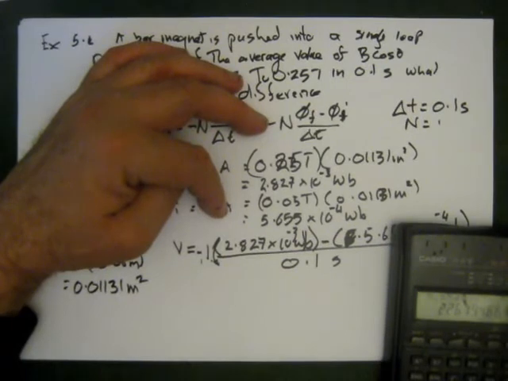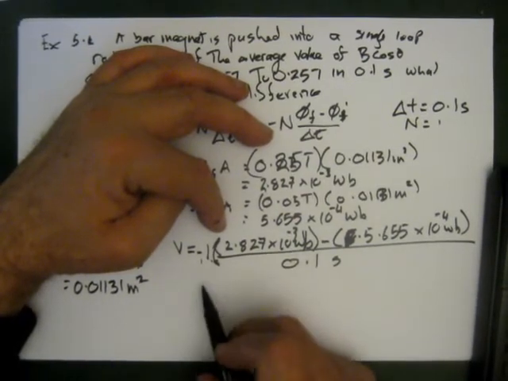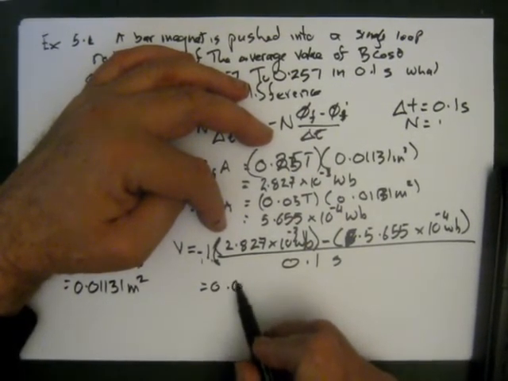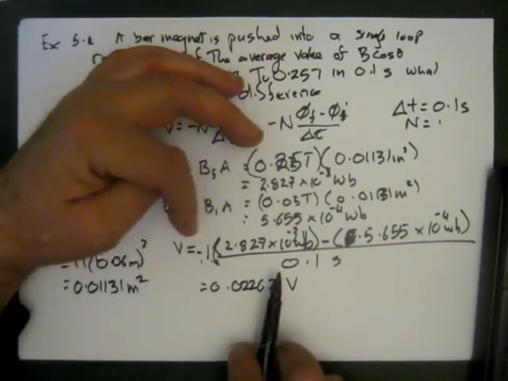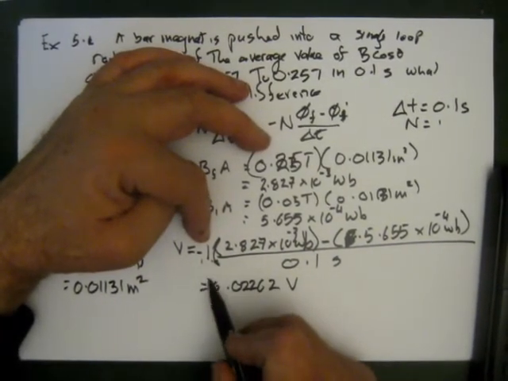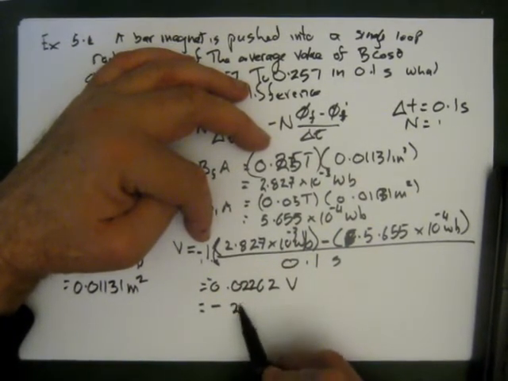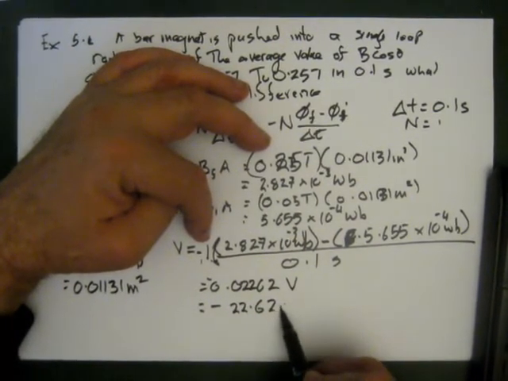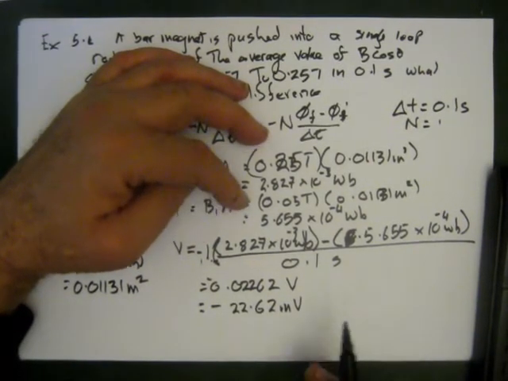Divided by 0.1 equals 0.02262 volts, negative, which equals negative 22.62 millivolts.